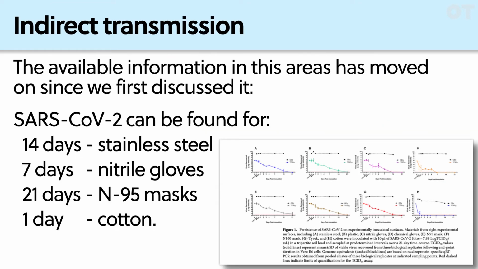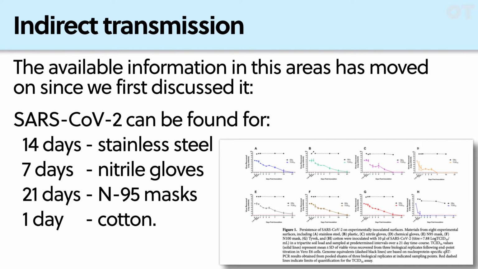When we think about indirect transmission, and we think about the surface-to-surface contact, what has moved on is our understanding of how long the SARS-CoV-2 virus can survive on various surfaces. So we now know that it's possible for SARS-CoV-2 to survive for up to 14 days on stainless steel surfaces, up to 7 days on nitrile gloves, and 21 days on an N95 mask.